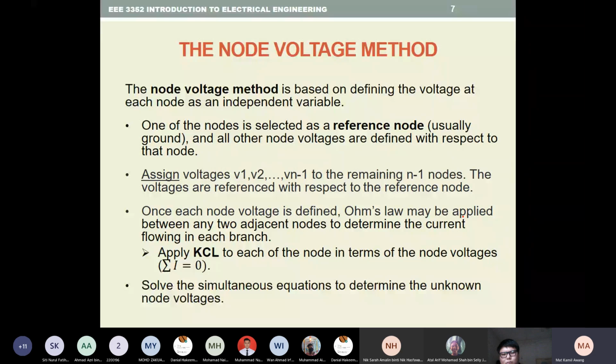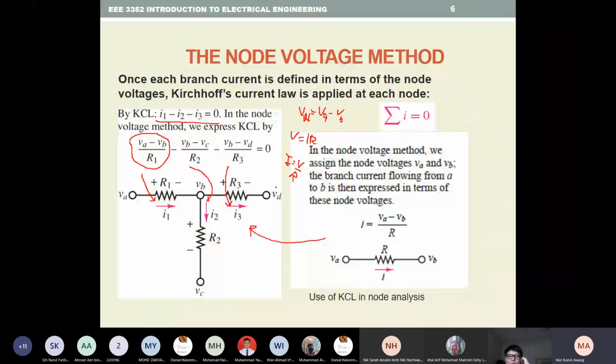So you see, for the two nodes of an element, one minus the other, divided by the resistance in between the nodes. Like this. Basically, this is one node, then this is the element, so the current is node 1 minus node 2 divided by R. Right?